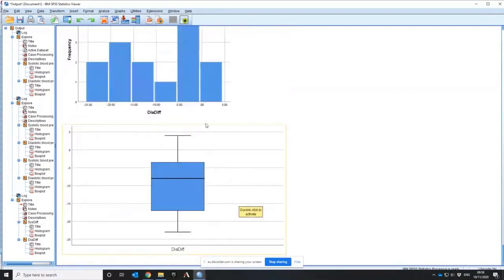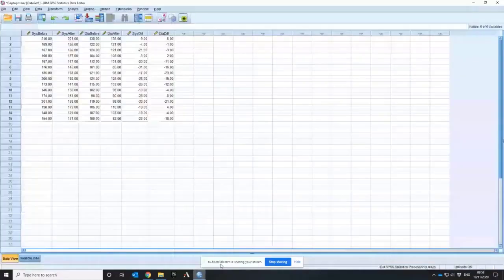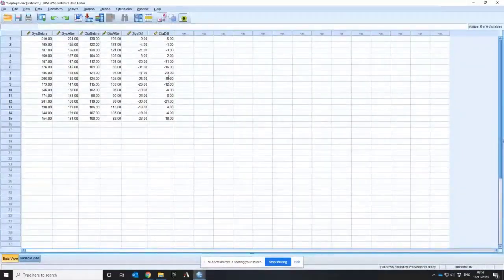Even though for some individuals there's actually a positive change in diastolic. If I look at the data, yeah, there's a +4 there and a +2 there, but it still tells you that the drug's being effective.